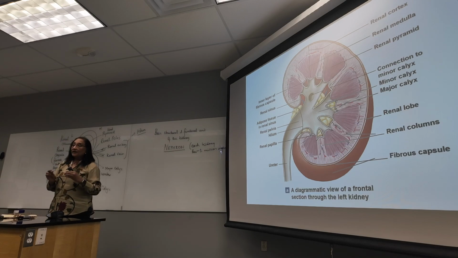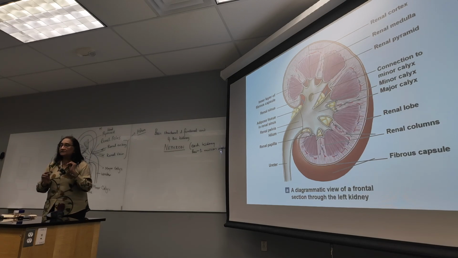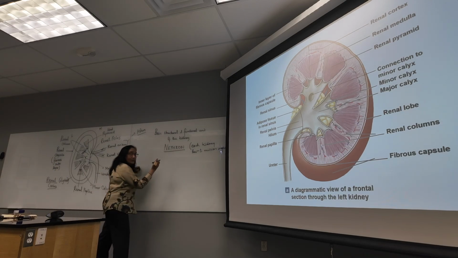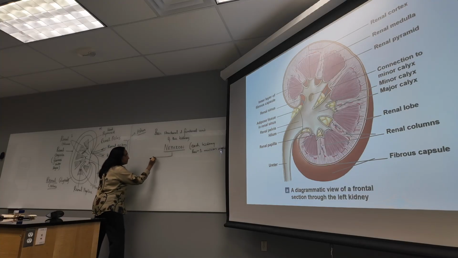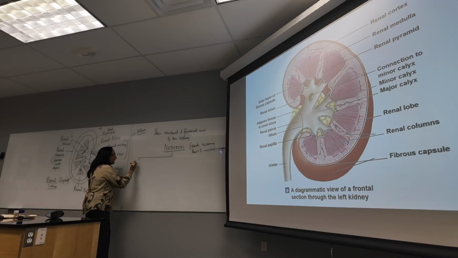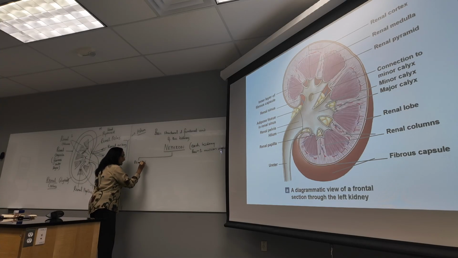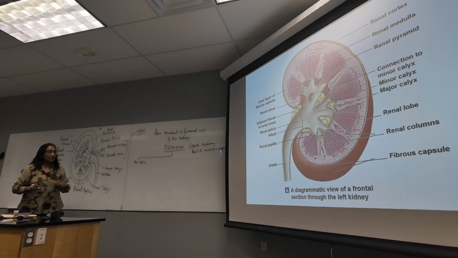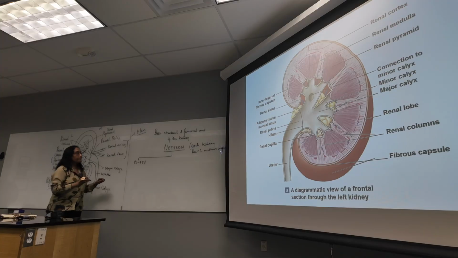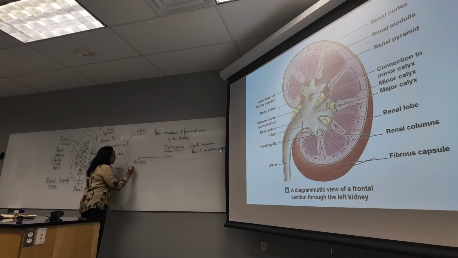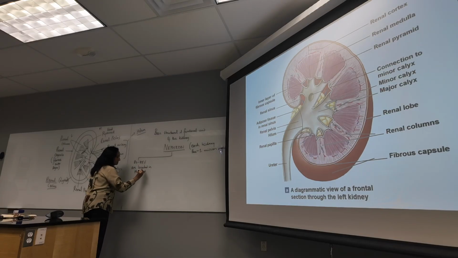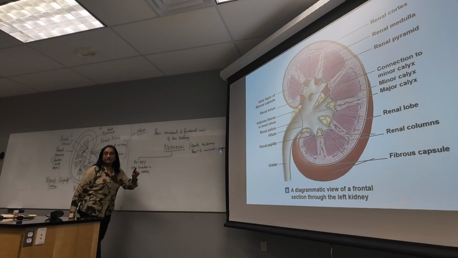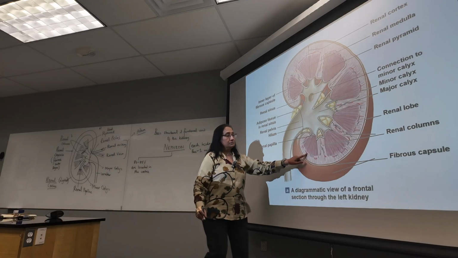Okay? Now, where are these nephrons located? Out of this 1 million in each kidney, 80 to 85%, that is 800,000 to 850,000 nephrons, are located in the cortex, that is this outer region.